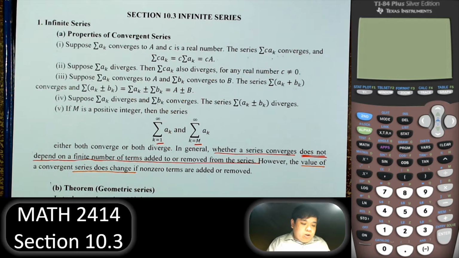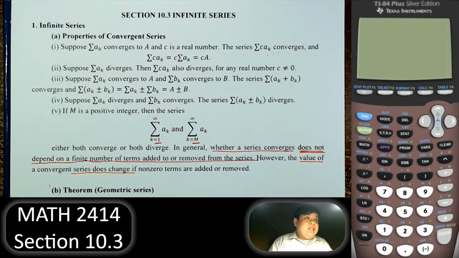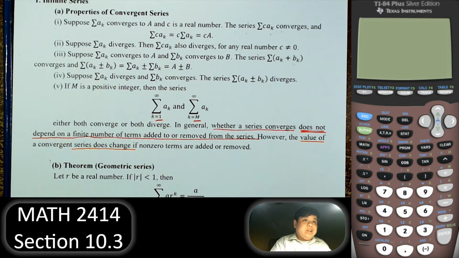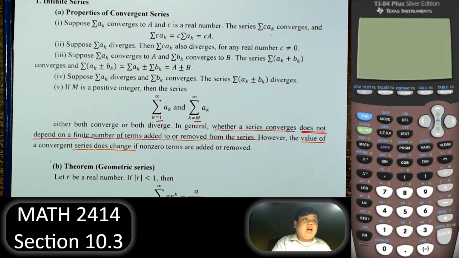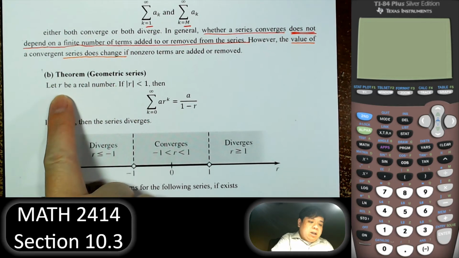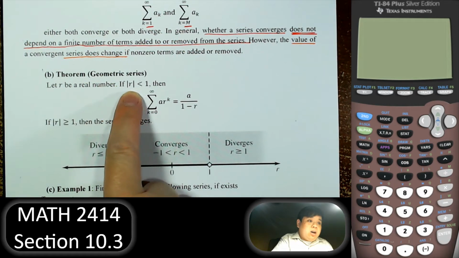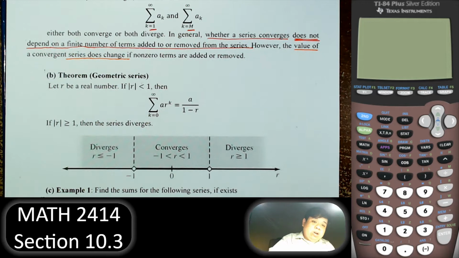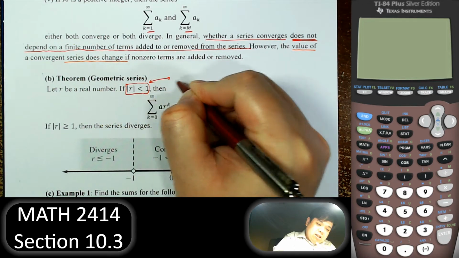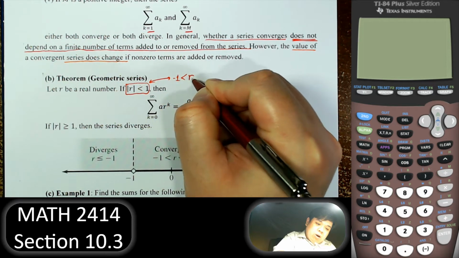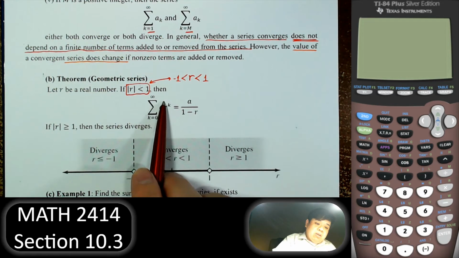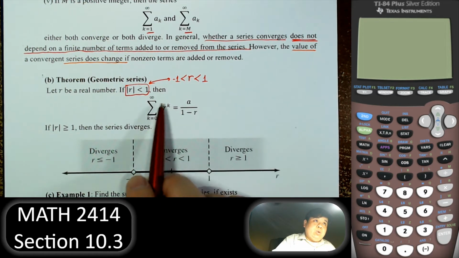Next, we go to geometric series. Remember, what we learned in the previous section was the geometric sequence of terms. This one we're talking about the series. We have similar things though. Let r be a number. If the absolute value of r is less than 1, which we mentioned before is the same thing as r between -1 and 1, then the sum of the geometric series is equal to that.